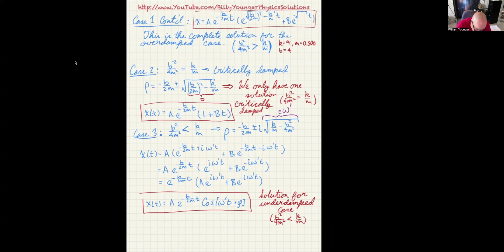And that's for the overdamped, which corresponds to, of course, b squared over 4m squared being greater than k over m. And that's it. That's the three solutions for this damped harmonic oscillator.